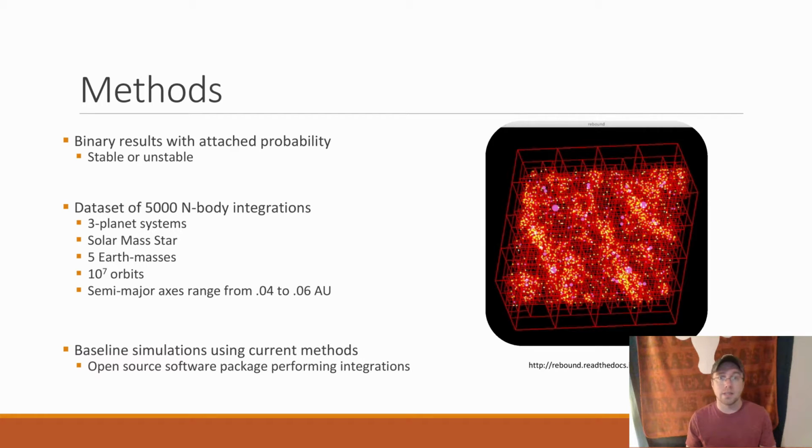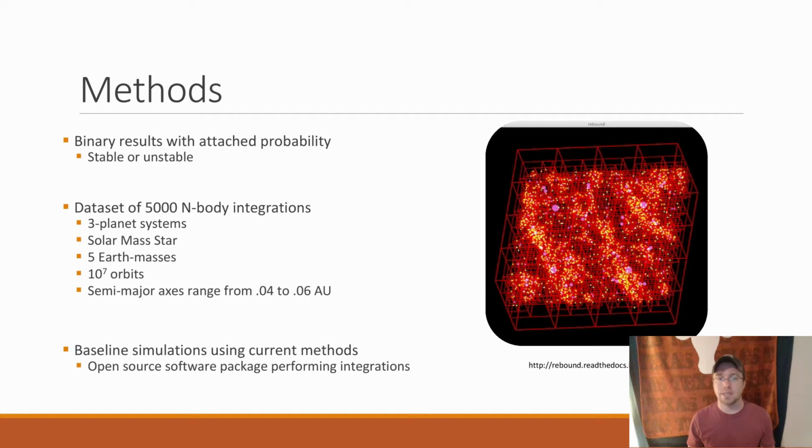And to do this, here's some of their methods, they used a data set of 5,000 integrations. And this consisted of, they went through and made all of these 3 planet systems with a solar mass star. Each planet of the 3 planet systems was 5 Earth masses apiece.